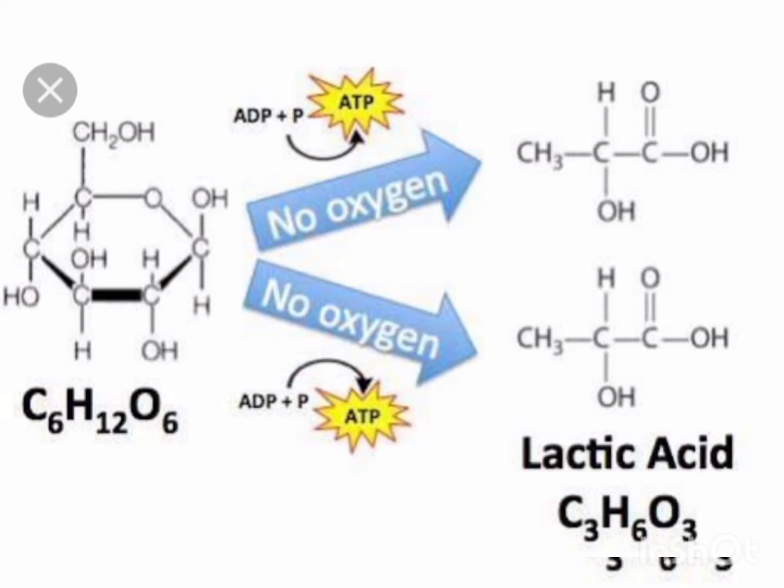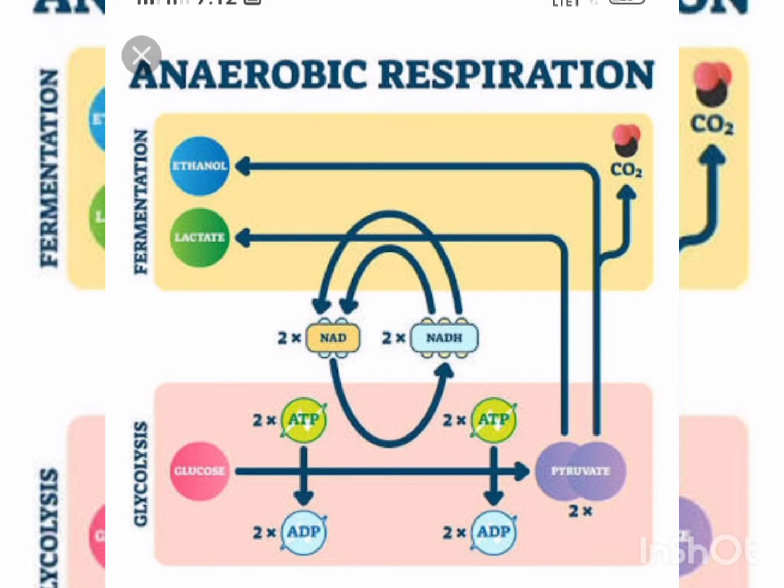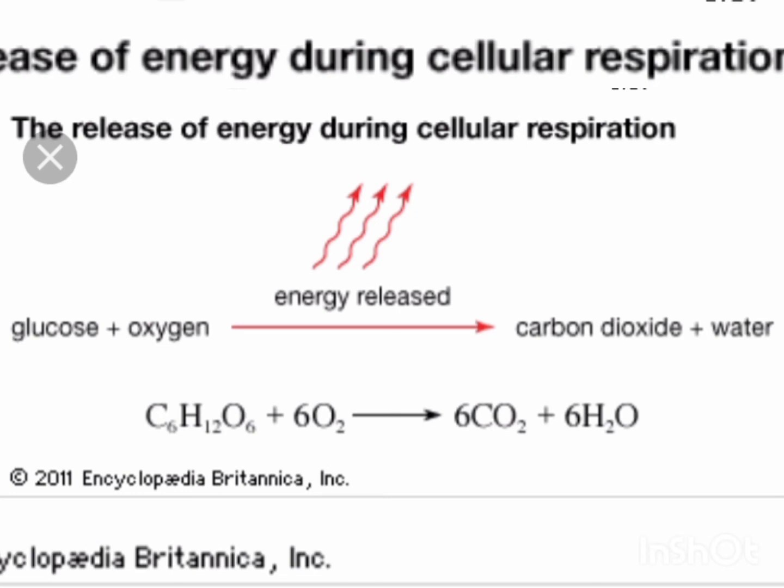The two types, anaerobic and aerobic. This is the diagram of the release of energy during cellular respiration. You see that glucose plus oxygen gives energy released, carbon dioxide plus water.